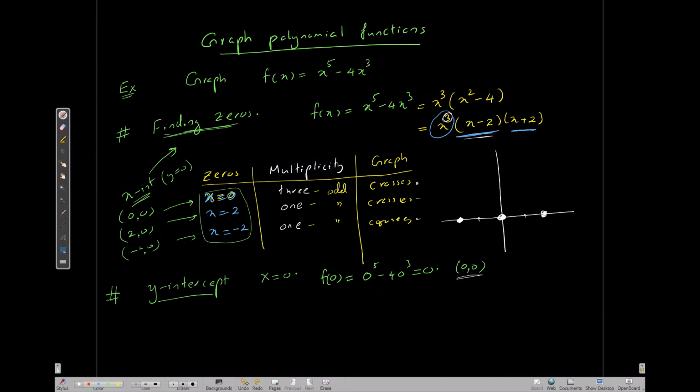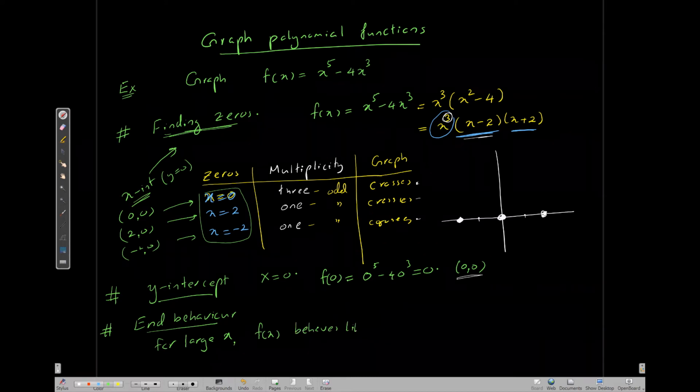Now we are almost done. The last step is end behavior. That means when x is large, and remember in our last video we talked about this, for large x, f of x behaves like the highest degree term, x to the fifth.